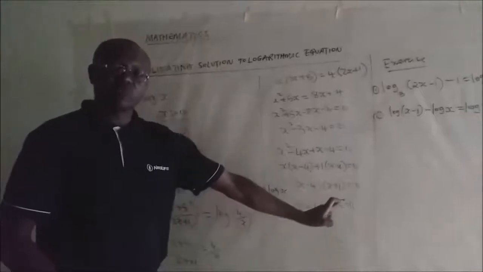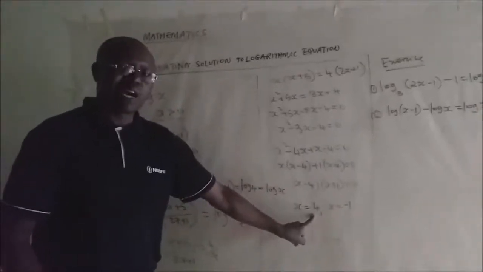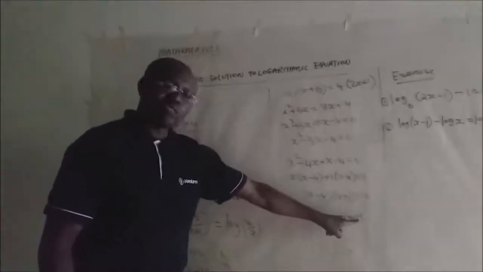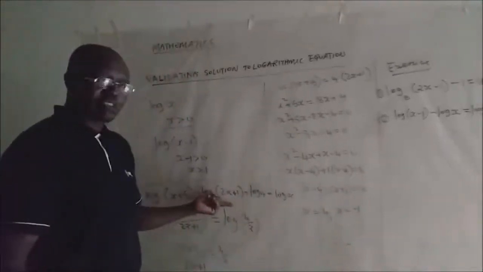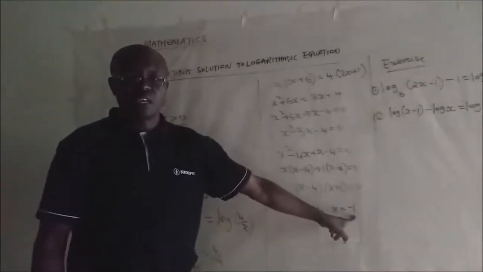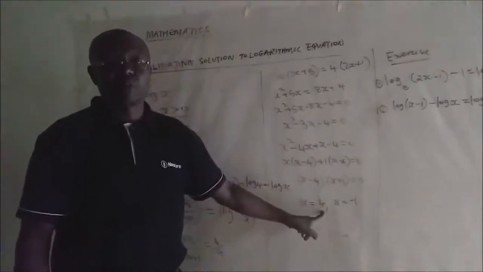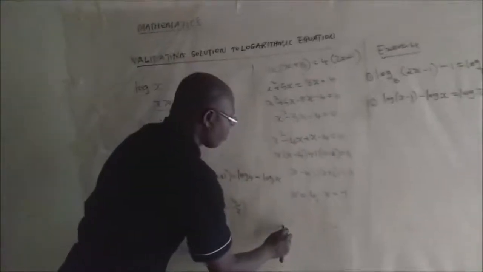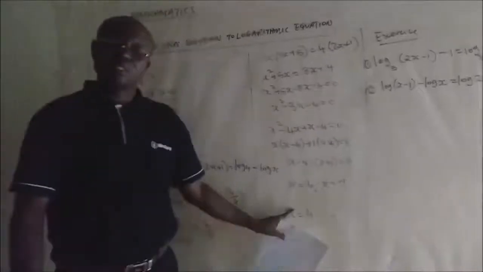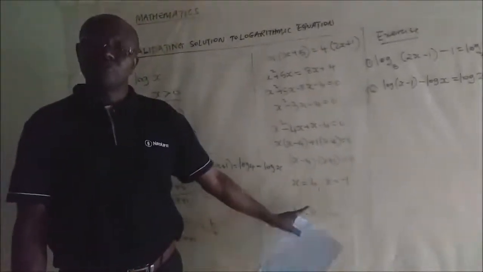Between 4 and negative 1, 4 has passed the test on all arguments. Negative 1 has failed the test of this argument. And therefore, we shall reject negative 1, but we accept 4. And therefore, the correct answer to our equation is x equals to 4.